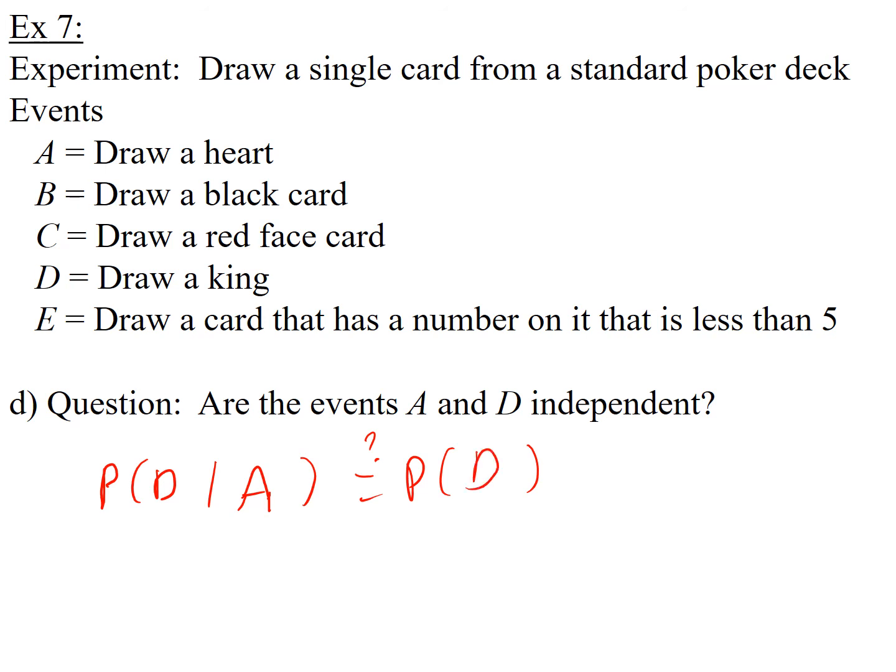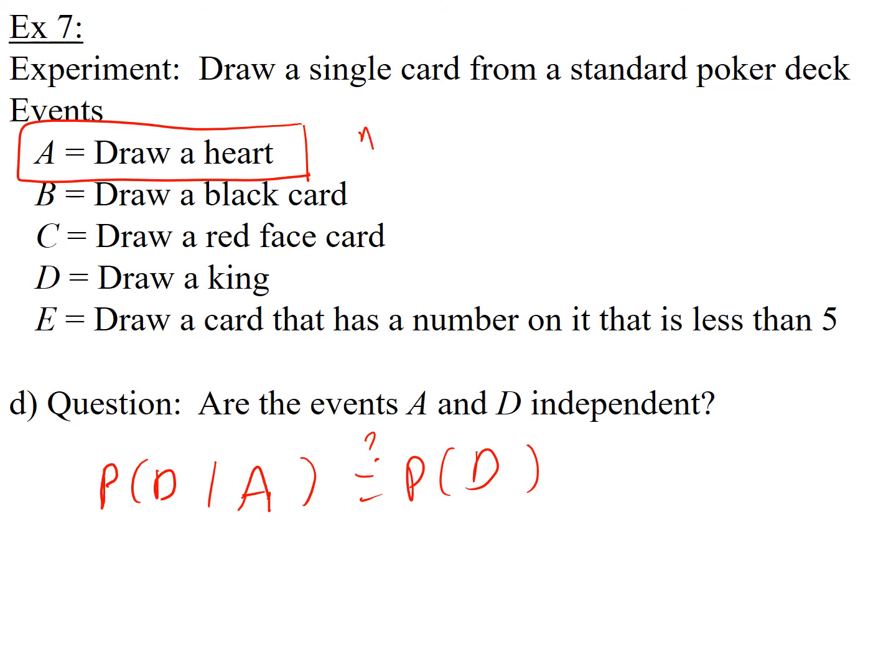All right, I'm expecting the same answer because in the last way we did it, we said that it was independent. So I'm expecting these two numbers to be the same so that I get independent again. And that's what will happen. Let's go ahead and look at this. So for the conditional probability, remember A has occurred. That means you told me, think about it like this. I've drawn one card from a deck and I show you, but I don't look at it and you tell me it's a heart.